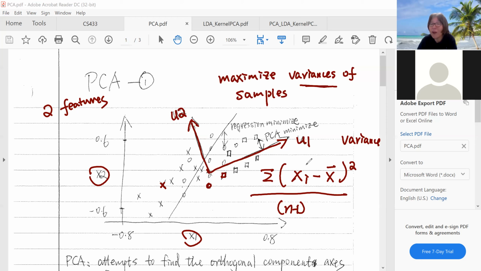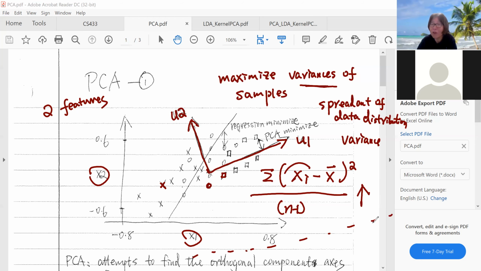And what does variance measure? Basically it measures the spread of the data distribution. So if this value is very large, that means the samples spread out a lot. Compare these two cases.